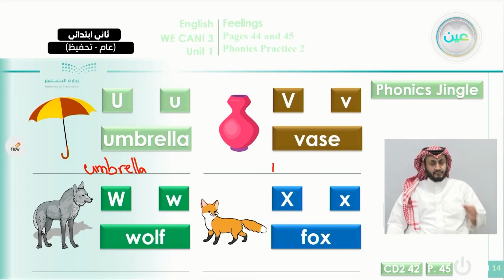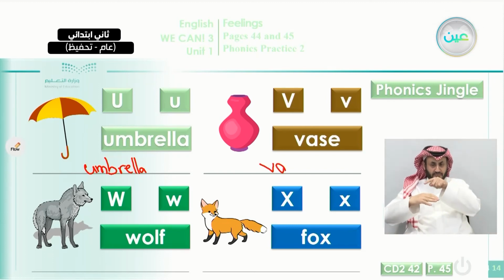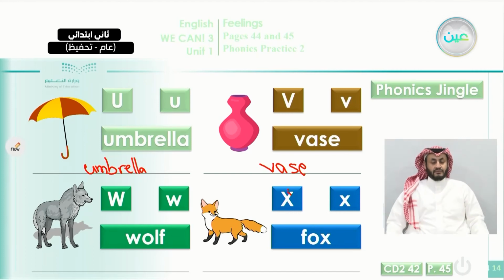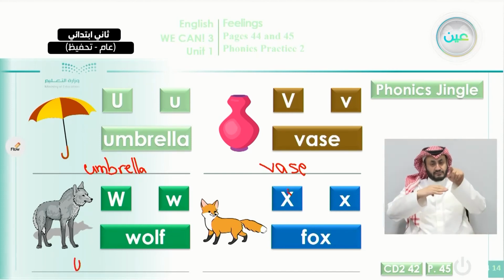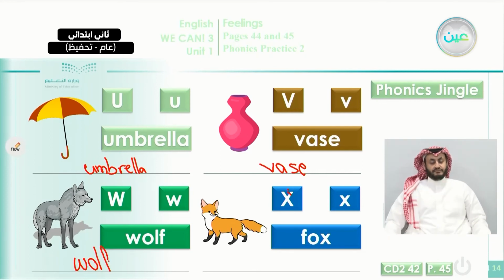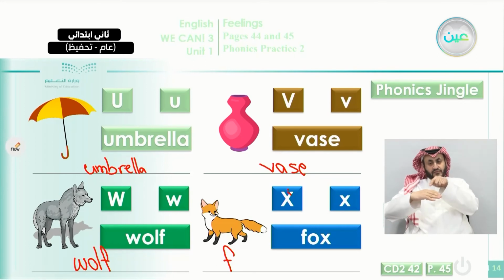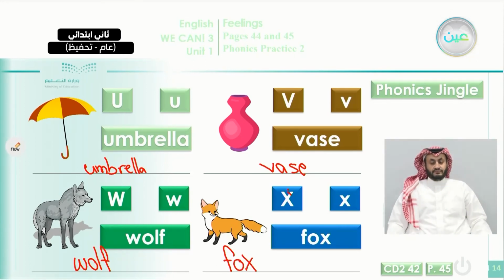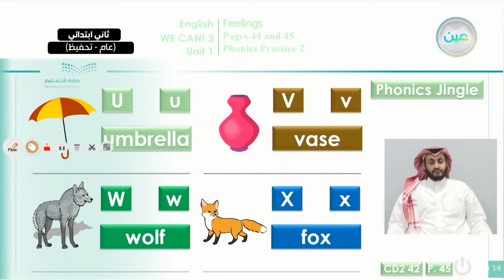Vase, you can write in this way: V-A-S-E. Okay, wolf, you can write it in this way as well: W-O-L-F, wolf. Okay, fox, F-O-X, fox. Okay, let's erase and go to the next slide.